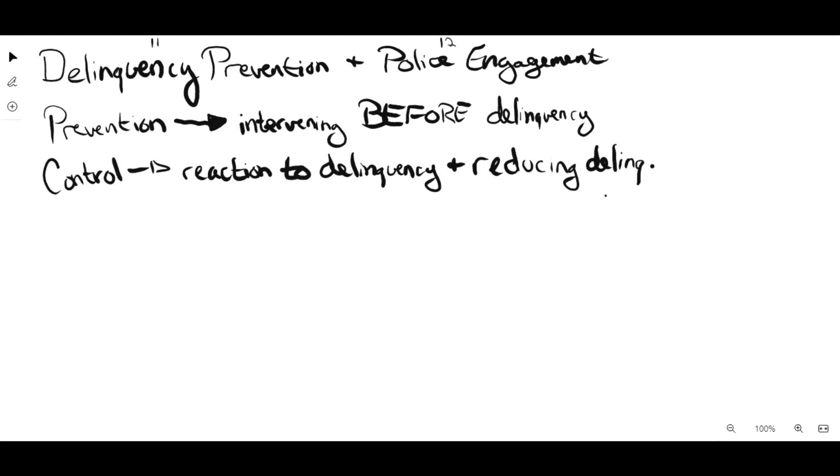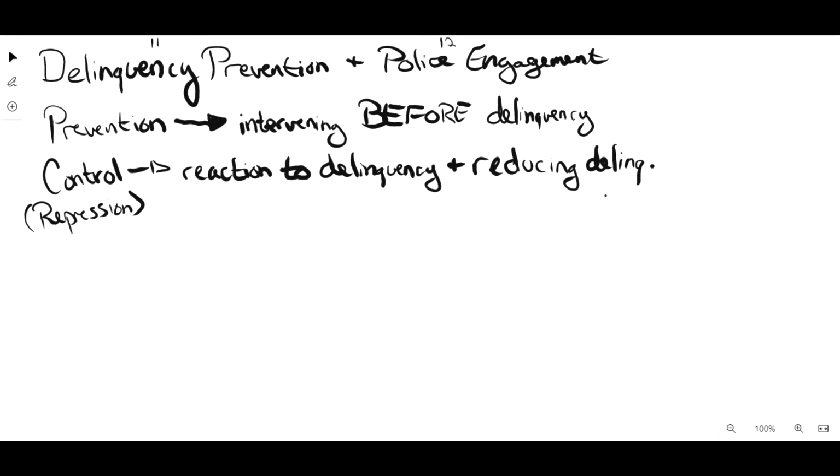Another word for control is repression. You're repressing delinquency. The idea is you've at least been introduced into the juvenile system, and the idea is to reduce the chances, to bring them down to a lower number, hopefully eventually to zero.